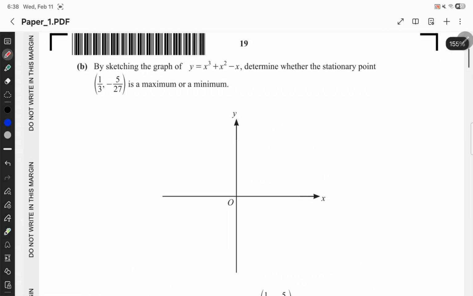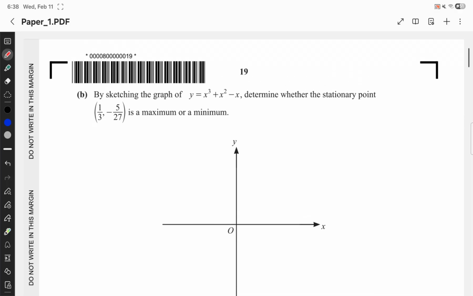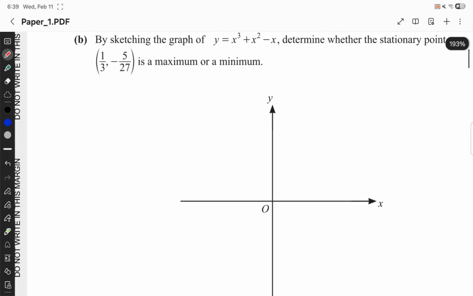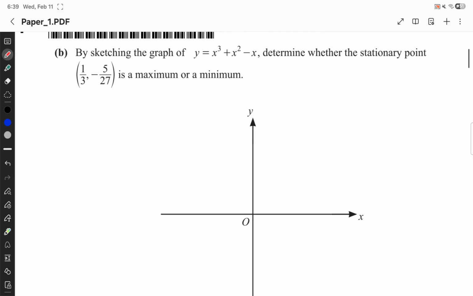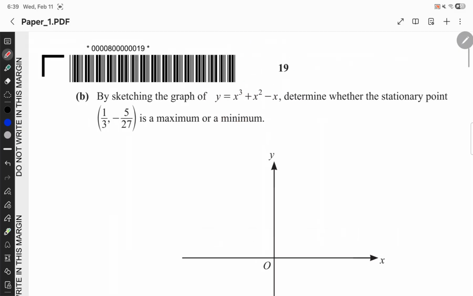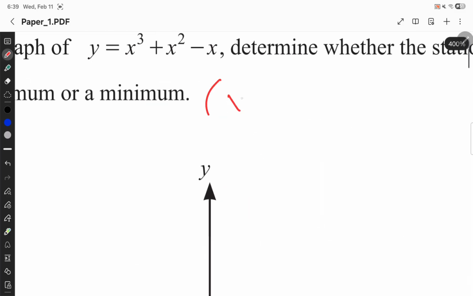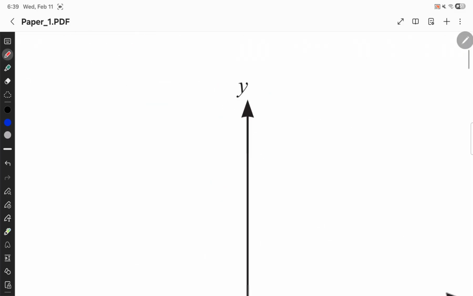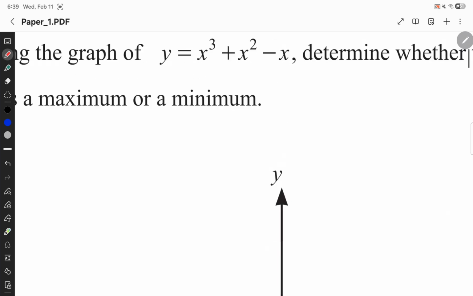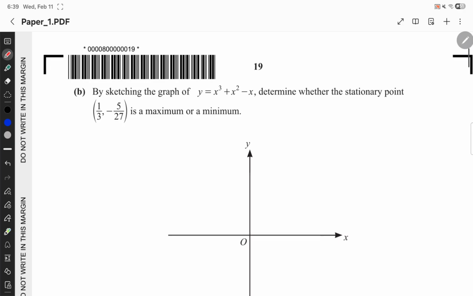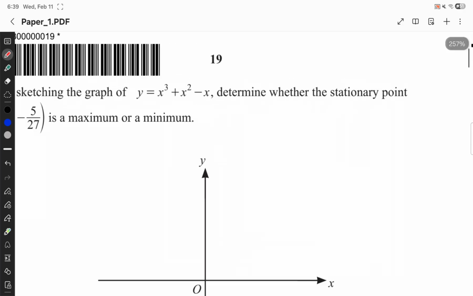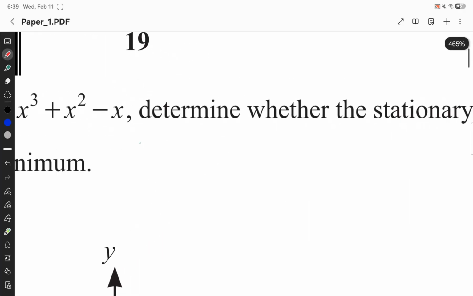By sketching the graph, determine whether the stationary point is a maximum or a minimum. So we need to sketch this equation. The first thing we know is that it will cross at x equals 0. Since this is paper 2, we cannot use a calculator, so we unfortunately have to factorize it.